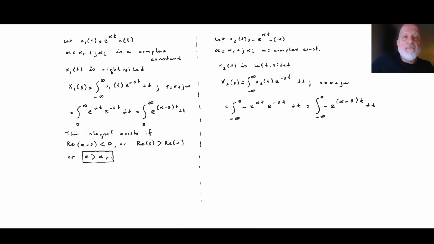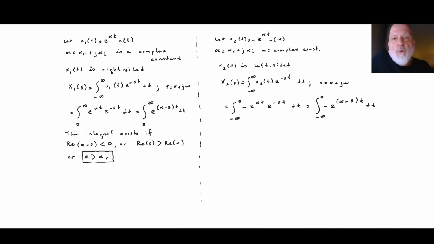Okay, let me repeat once more. The convergence issue related to this integral is completely related to the real parts of s and alpha, because the contributions of the imaginary parts will be just sinusoidal oscillations.